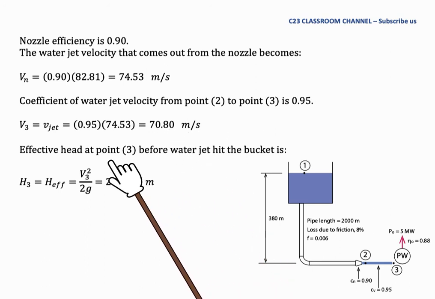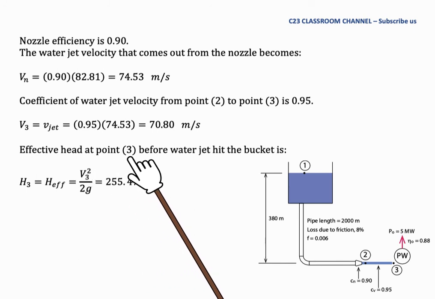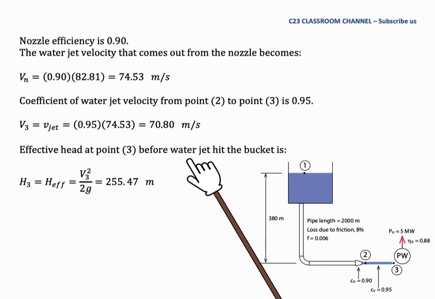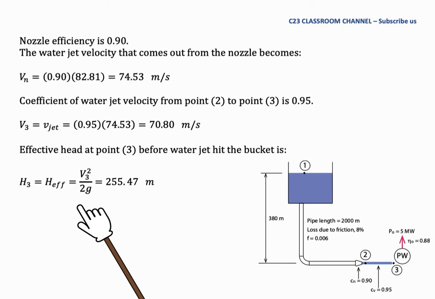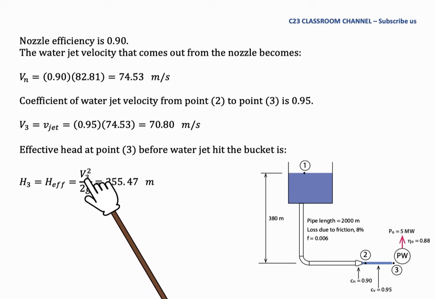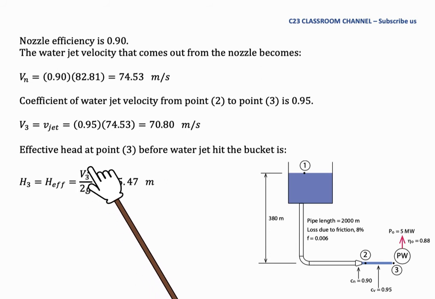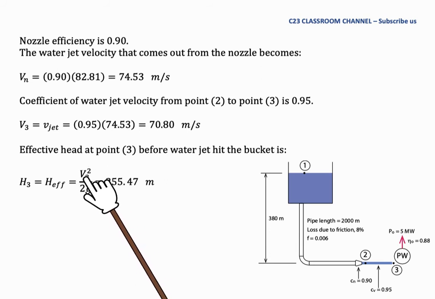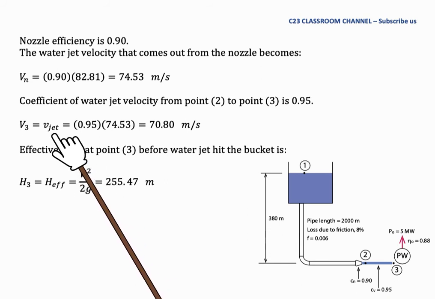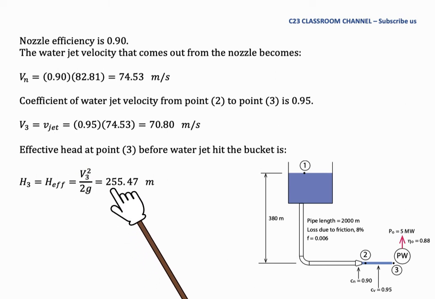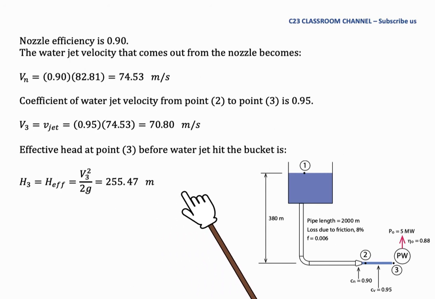Then we can calculate the effective head at point number 3 before the water jet hits the bucket by using V squared over 2g. We substitute the velocity of the jet that hits the bucket, and we get the effective head equal to 255.47 meters.